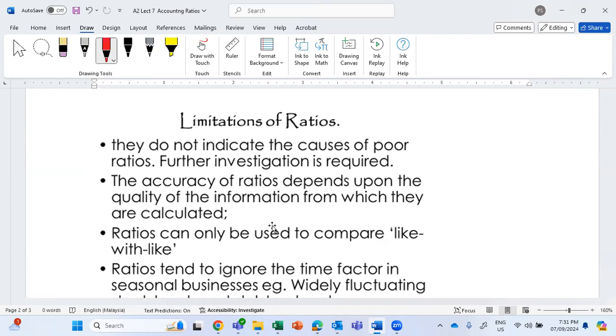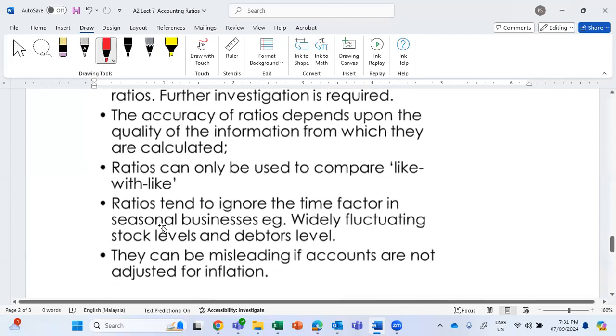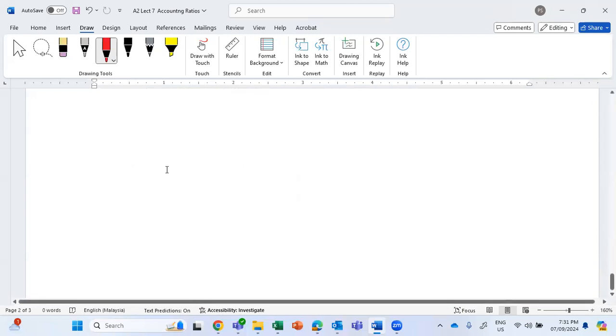But sometimes for some reason, people want to compare, because some products depend on other products. You know what I mean? The demand for one product depends on the demand for another product, even though we're not in the same industry. Okay, so another limitation is that ratios tend to ignore time value of money. Okay, so that's it.